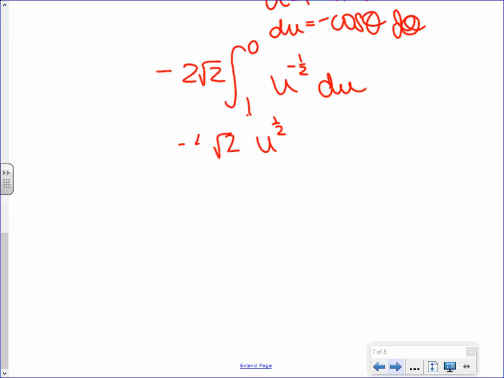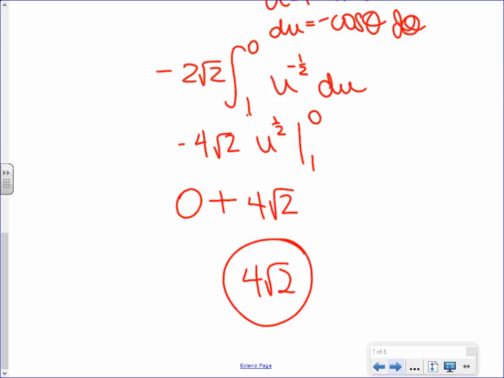So I'm going to call this negative 4 radical 2 u to the 1/2 from 1 to 0. So we get 0 minus negative 4 radical 2. The arc length is 4 radical 2. We made it.